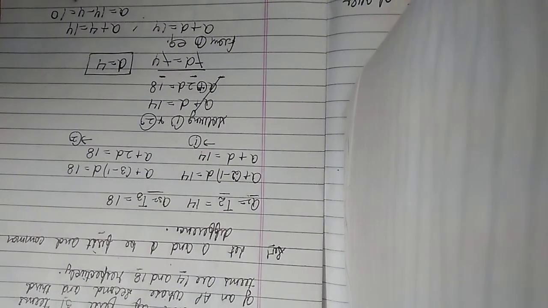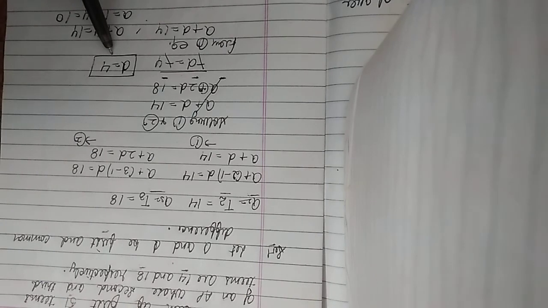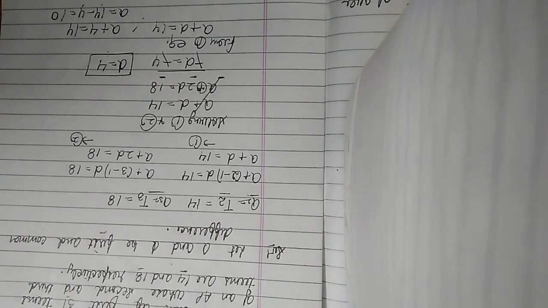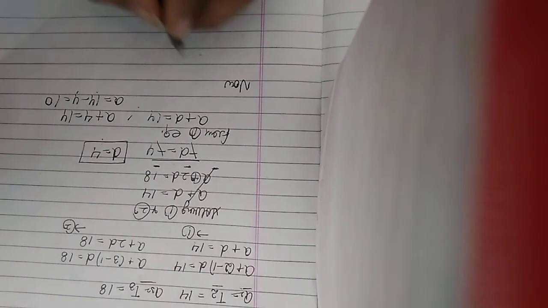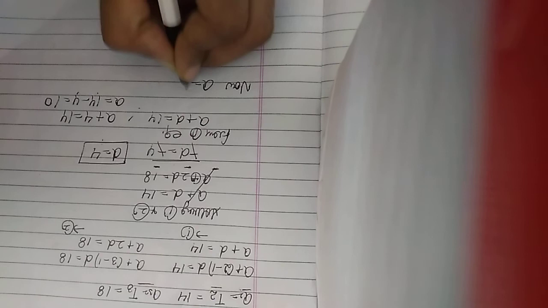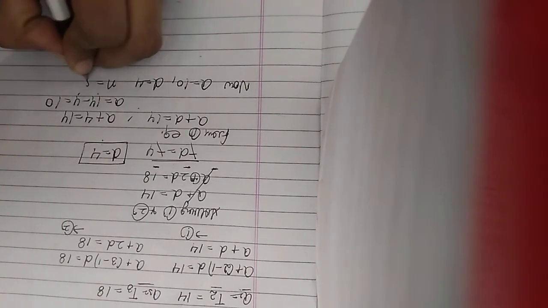We have found the first term and common difference. Now with the help of these both terms, we can easily find the sum of first 51 terms. Now A is 10, D is 4 and number of terms n is 51.